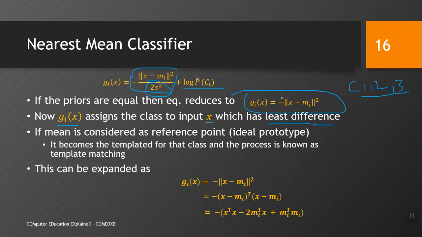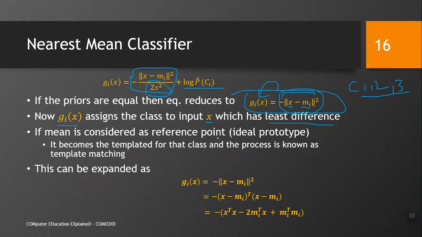This function would find the difference of the new instance x with the mean value of class 1, then the difference of x with the mean value of class 2, then with the mean value of class 3, and the minimal distance among all those 3 would be the result of our discriminant function.